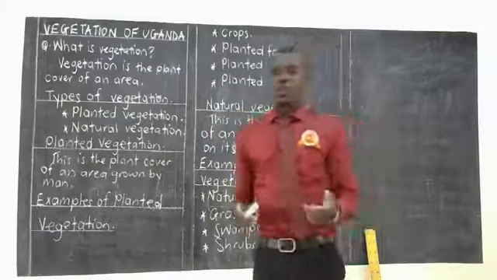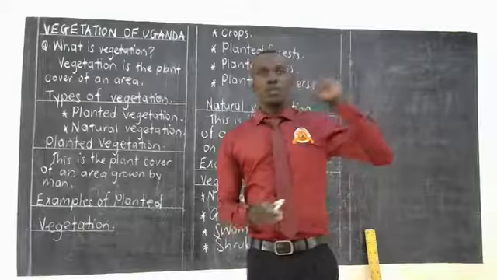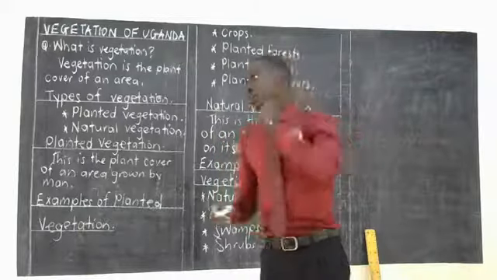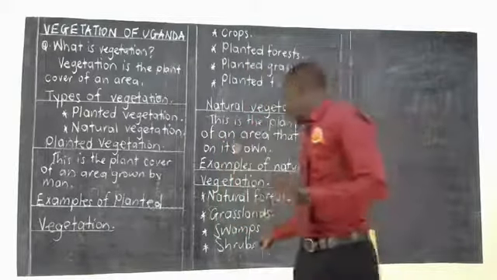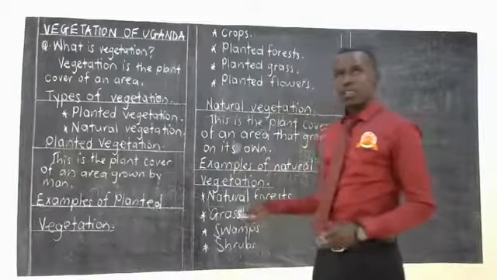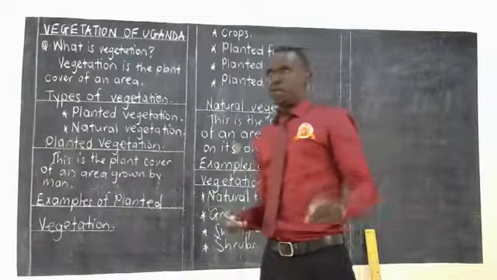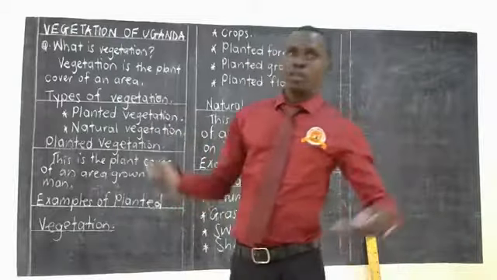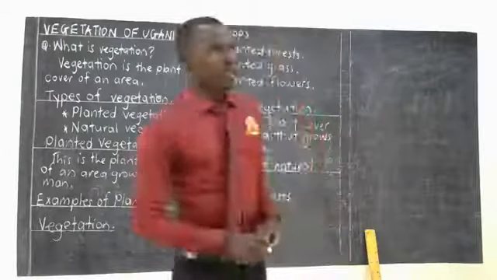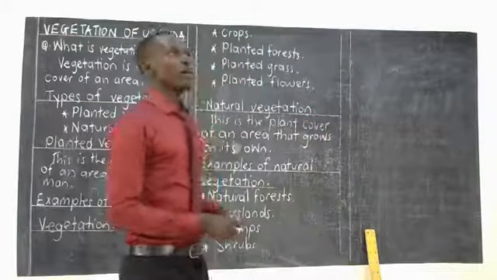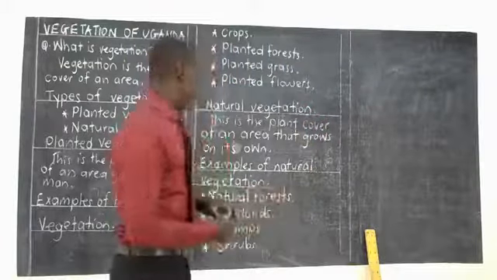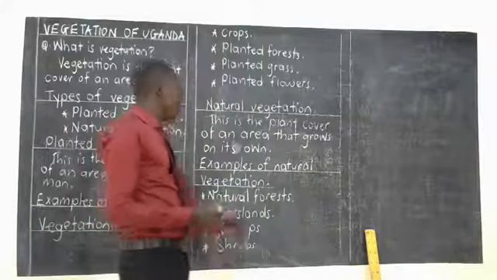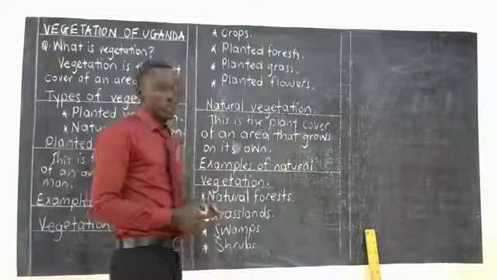Such areas in Uganda include the northeastern part of Uganda, which is Karamoja. When you move around there, you realize that the plants that grow there are not very tall. They begin developing branches right from the ground level. Such plants we refer to as shrubs. So shrubs are examples of natural vegetation. No one plants shrubs.